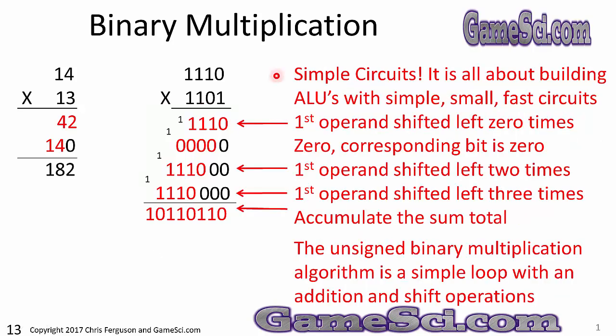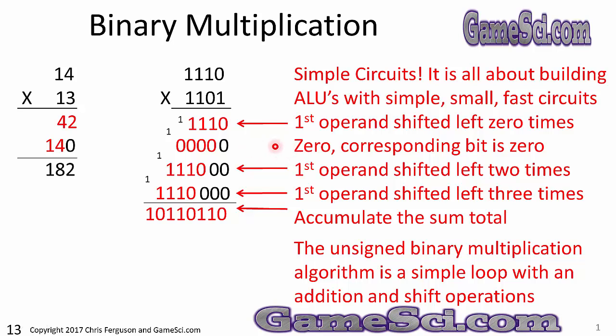Simple circuits. It's all about building ALUs with simple, small, fast circuits. If you look closely here, this is just the first operand left shifted 0 times. Take this number, shift it left 0 times, and that's that number.